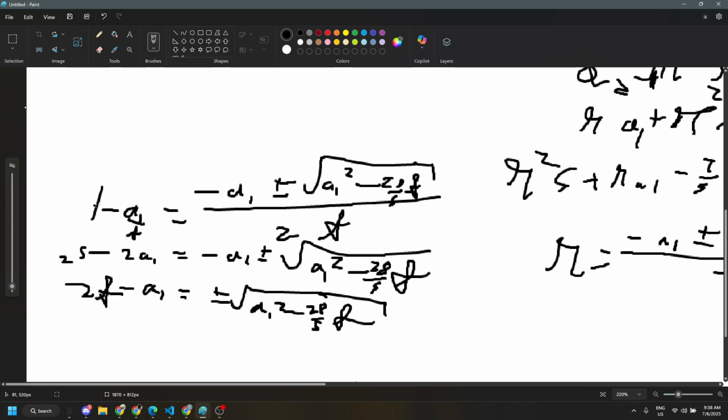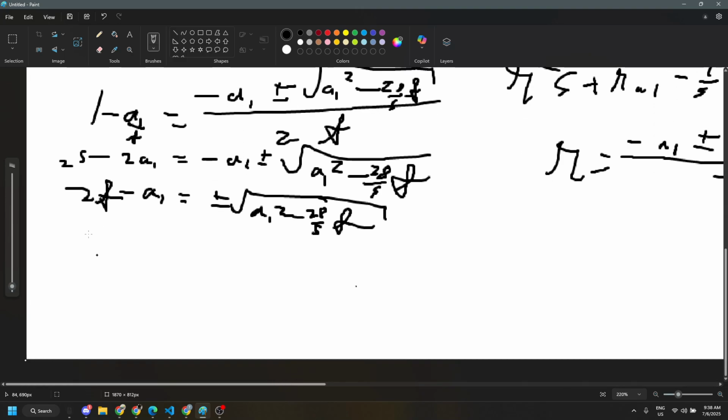Now, can we square both sides or something to get rid of this plus or minus? Because I really don't like that plus or minus being here. Would that work, to square both sides? I think it would. So let's just write it as 2S minus A1 squared is equal to A1 squared minus 28 over 5S.